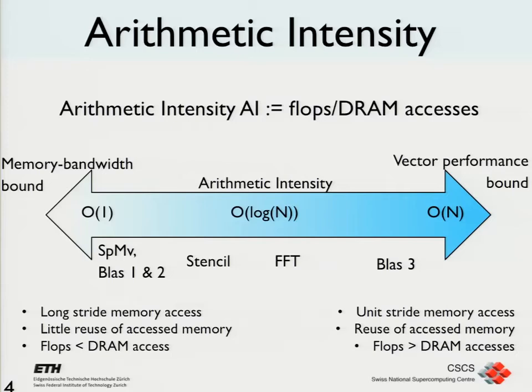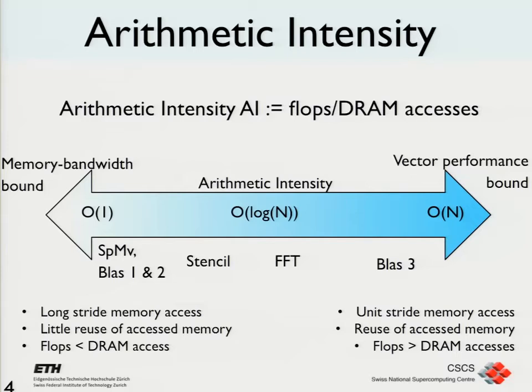And as the arithmetic intensity increases, there is, for example, the FFT, and stencils are somewhere between the two, but in general, they have a very low arithmetic intensity. Fast Fourier transforms are proportional to log n. So if you want to have a code that's close to the peak performance of your machine, you will have to use, for example, a BLAS 3, which is Dgemm or matrix multiply routines.